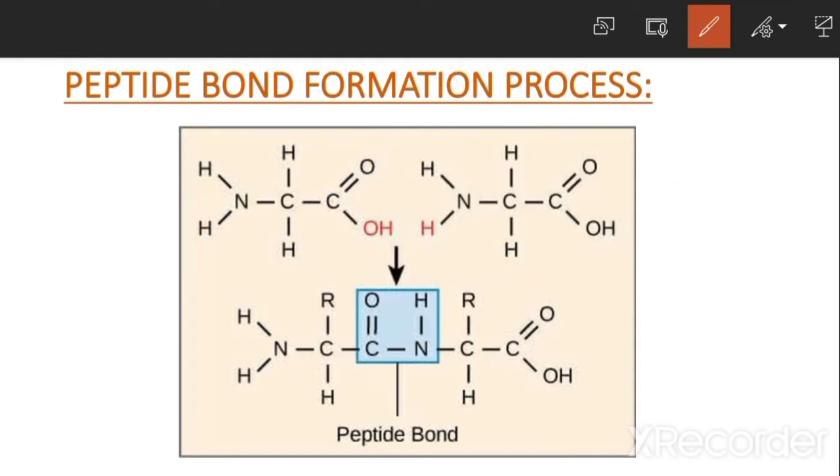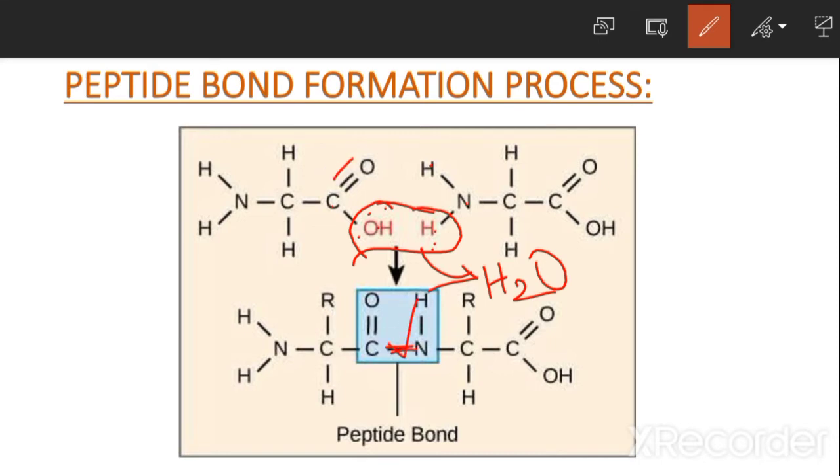How? In COOH, one OH is removed, and in NH2, one H is removed. So H2O is removed. Now the C and N are present, doing bond formation. This is the peptide bond.